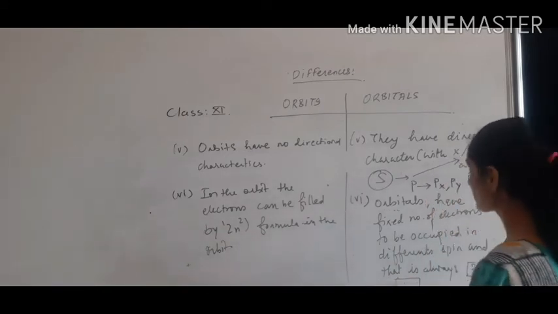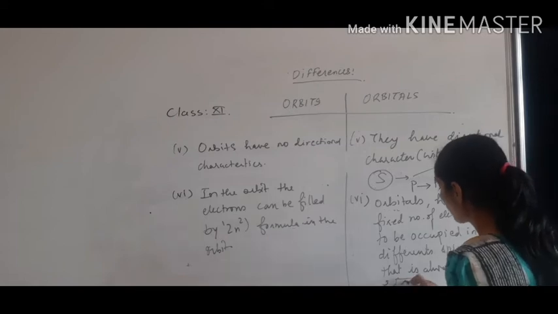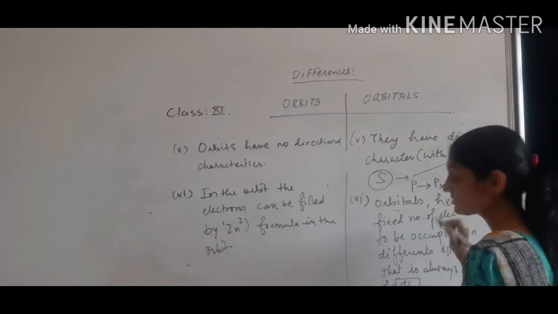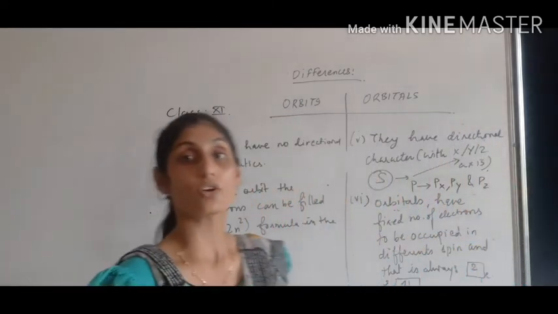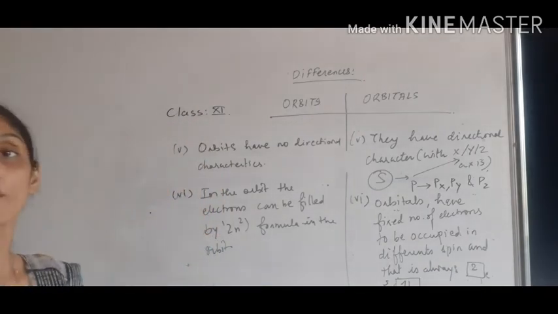This is the orbital, suppose s ऑर्बिटल है, so one is there in upspin and one is there in downspin. So that is all about the difference between orbit and orbital.